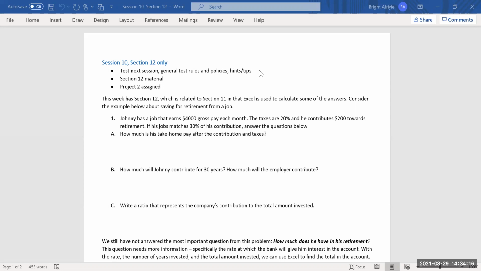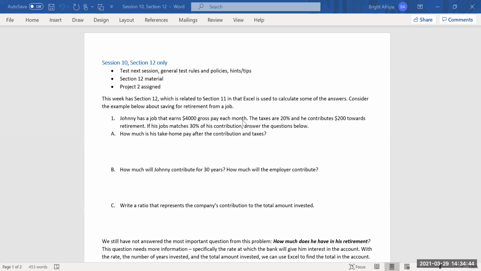We said that PMT is used to estimate the monthly payment, and PV is used to estimate how much of a mortgage you can afford when you know the monthly payment. Is that okay? Now, we are going to introduce a third Excel function called the future value function to deal with retirement.